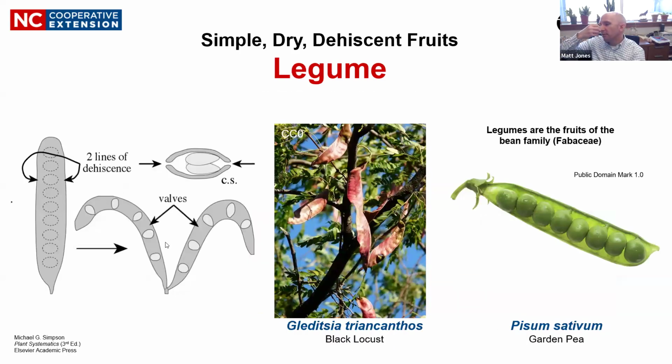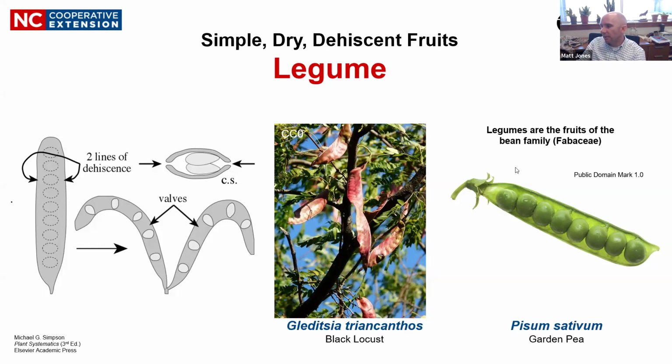Legumes are the fruits of the legume family, the Fabaceae, and they are interesting because they open up on two lines of dehiscence, and on each side of the fruit, rows of seeds are attached. So here's the legume of the black locust, a native tree.